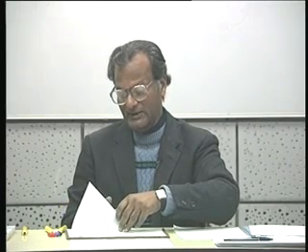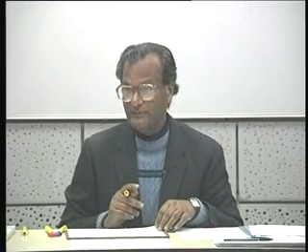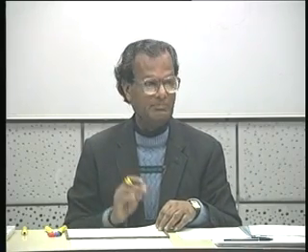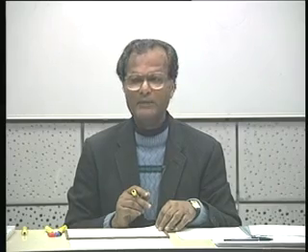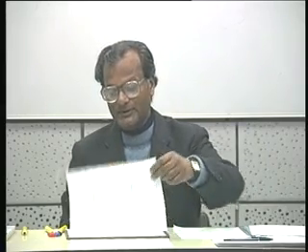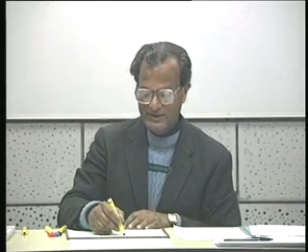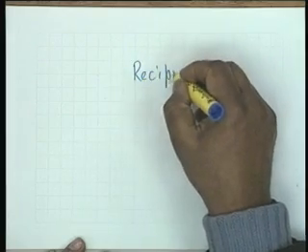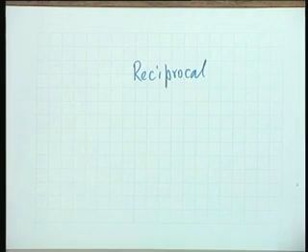A multi-terminal network, instead of 2, 3, 4, 5, 6 or n number of terminals having a number of ports, if it consists of unilateral elements only, then such a network is called a reciprocal network. Okay?